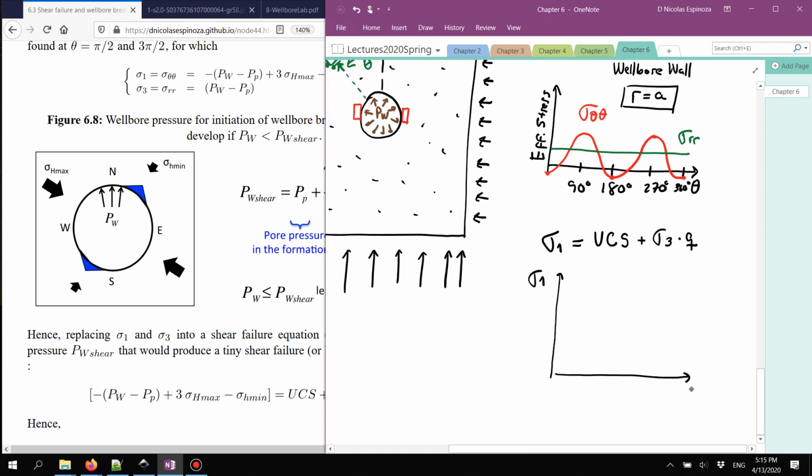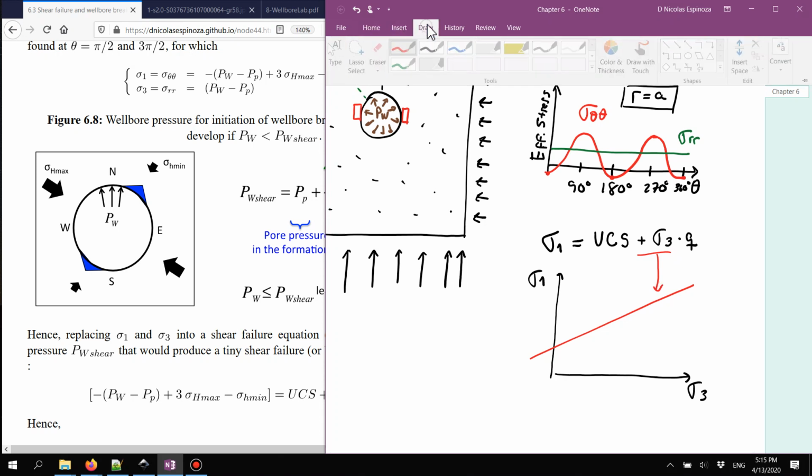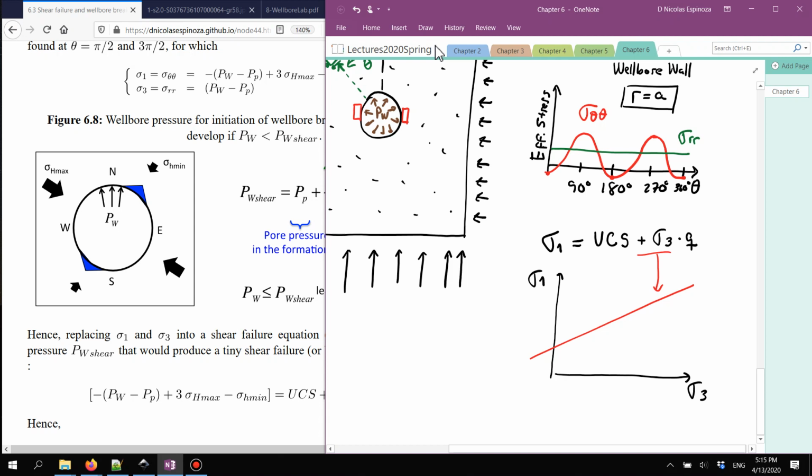If this is sigma 1 and this is sigma 3, and the failure line is this one, what I mean with this equation is that when I am at failure for a given sigma 3, that in this case is going to be Pw minus Pp, the maximum sigma 1 possible is going to be over here. And when I get to that value of sigma 1, the rock is going to be at failure.